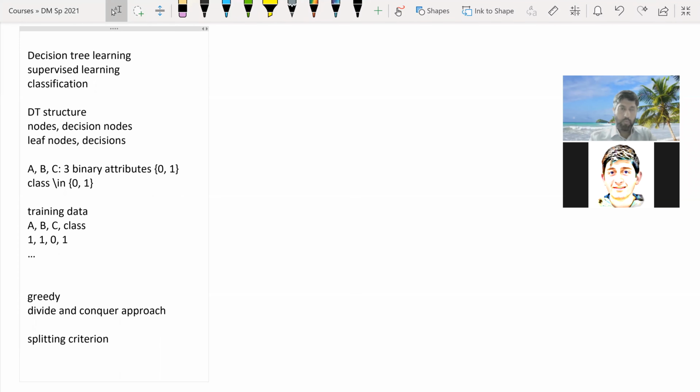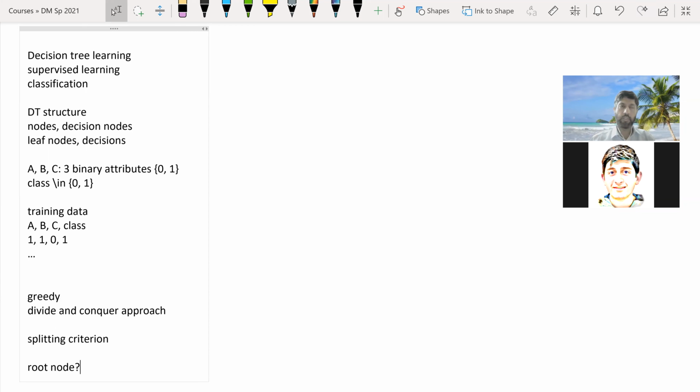So at the start, what do we have? We have a training data set with 3 attributes and a class. Okay? We want to build a tree. And at the start, of course, we don't have any tree. So we need to have the root node. So what should we use for the root node? What attribute should we use as the split condition at the root node?